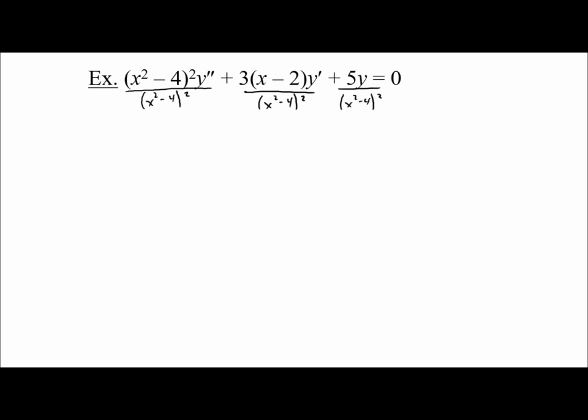And so that becomes y double prime plus 3 times x minus 2 over, y prime there. I'm going to simplify the bottom. Notice that x squared minus 4 factors as x plus 2 times x minus 2. So I'm going to do x minus 2 squared, and x plus 2 is also squared.